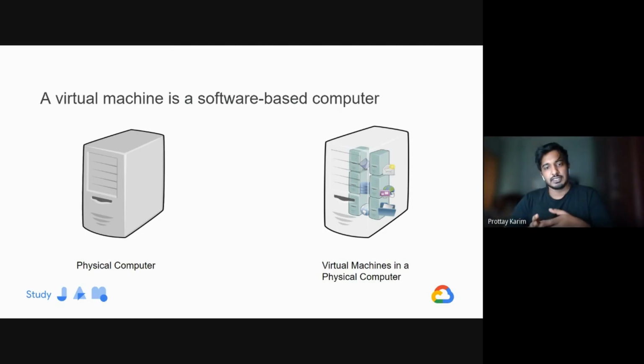A virtual machine is a software-based computer, like you can see in this picture here. And like a physical computer, it has resources like CPU, memory, operating system, etc. A virtual machine uses the physical resources of the host that it is running on.